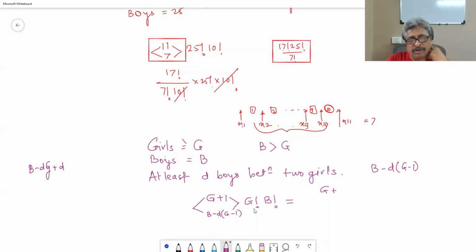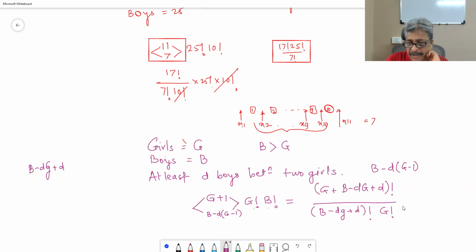Girls will permute in G factorial ways, boys will permute in B factorial ways. Therefore, if we want to calculate the factorial answer for this, it is G plus B minus DG plus D factorial divided by B minus DG plus D factorial into G factorial into B factorial.